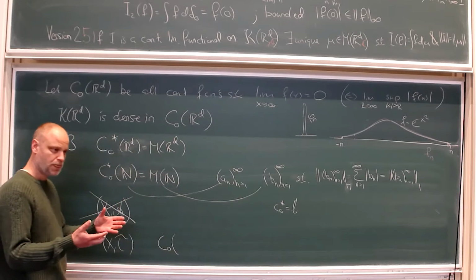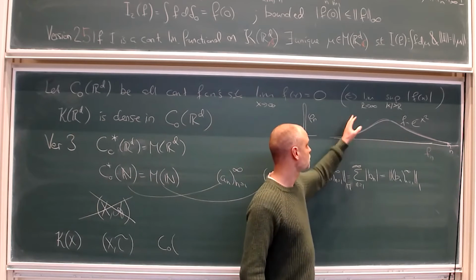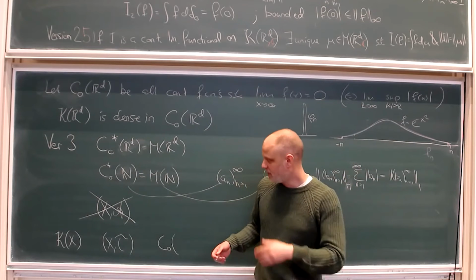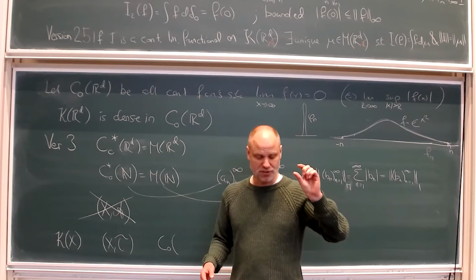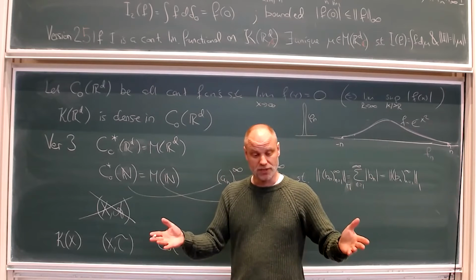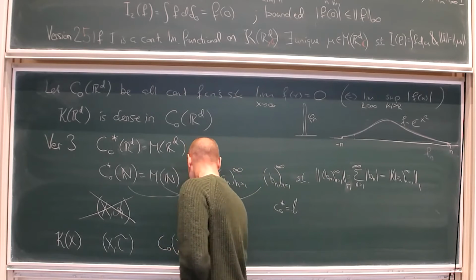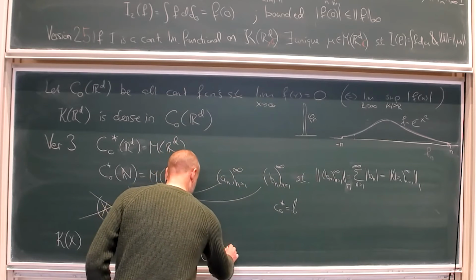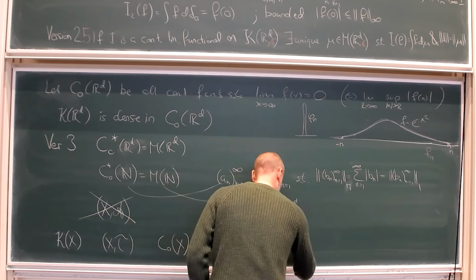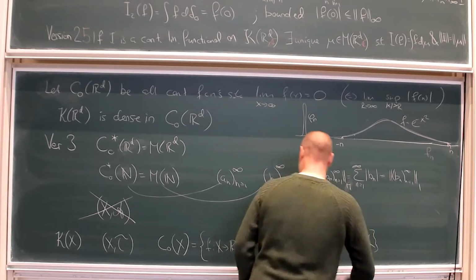But what's the corresponding version of this limit process, that something goes to 0 when it goes to infinity? It would be to say that, given epsilon, I can always find a compact set such that outside of that set, my function is less than the given epsilon, right? And then I define this space, the set of functions f from X into R or complex, such that for every epsilon there exists a compact set K such that |f(x)| is less than epsilon for all x outside of the compact set.